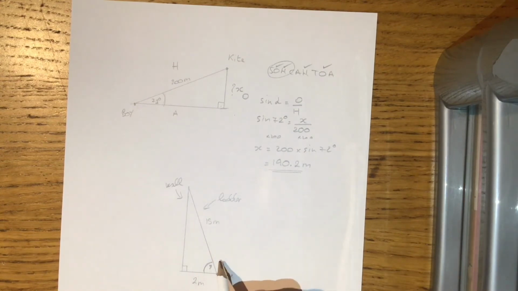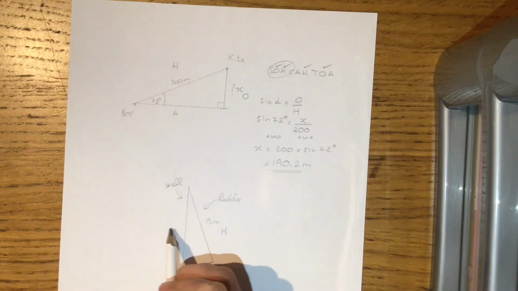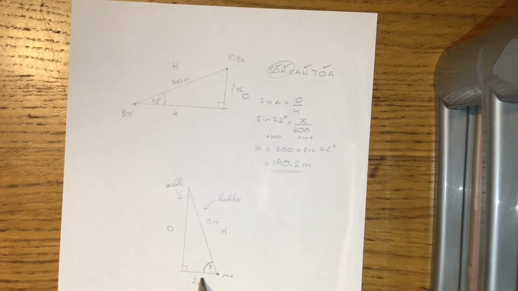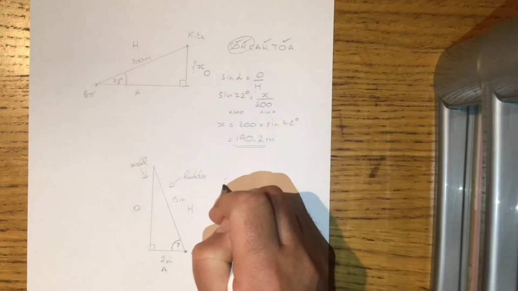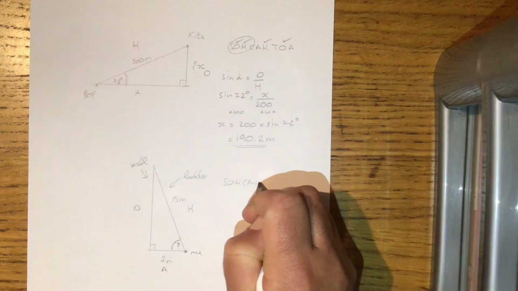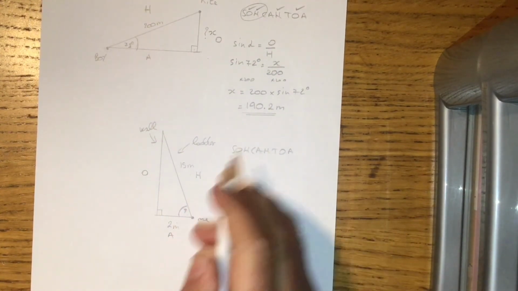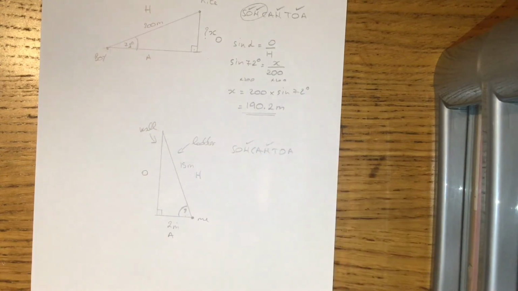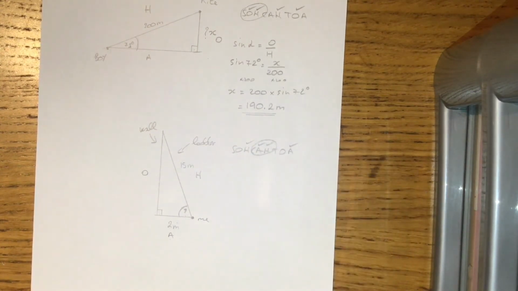So I'm going to label the triangle. This is a right angle triangle. Across from the right angle is the hypotenuse. Across from the angle I'm looking for is the opposite. And next to the angle is the adjacent. I'm going to write my word. I've got the H. I've got the A. So that means this is what I'm going to use.